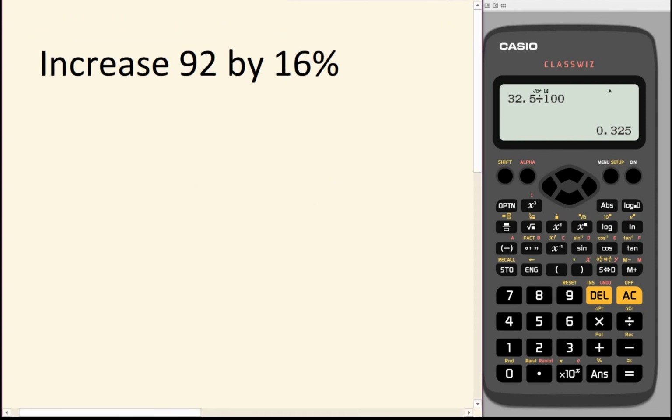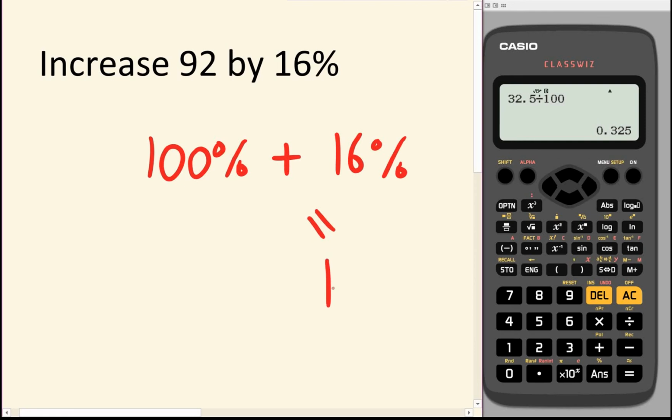So if we want to increase 92 by 16%, what I want is 100% of my value. So 100% is this 92, and I want to add on 16% to it. That means in total, I want 116%: the initial 100 and an extra 16%.